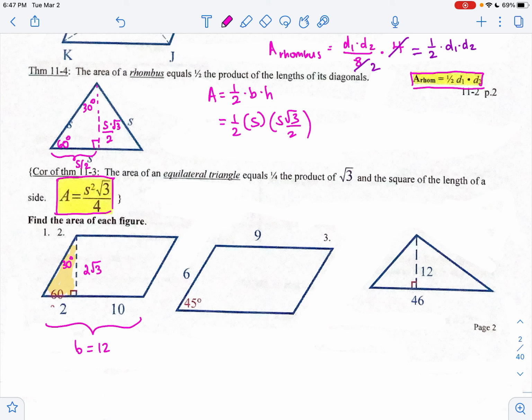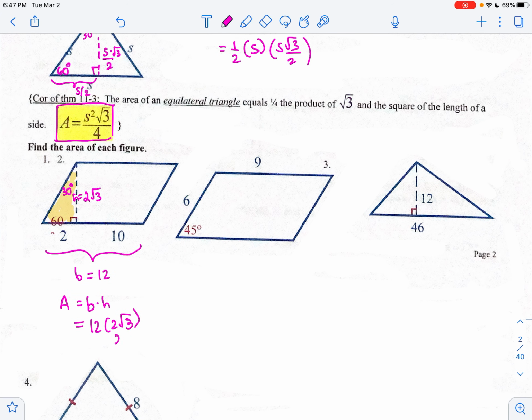And that gets me the height of that parallelogram. So plugging everything in, the area of a parallelogram is base times height, or 12 times 2 radical 3. Simplify that out, that gives me 24 radical 3.